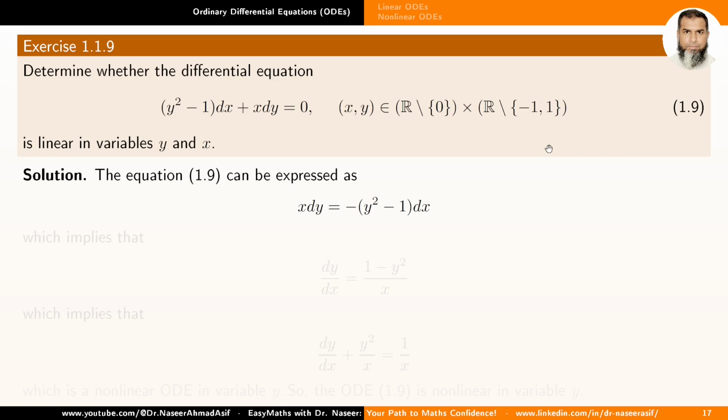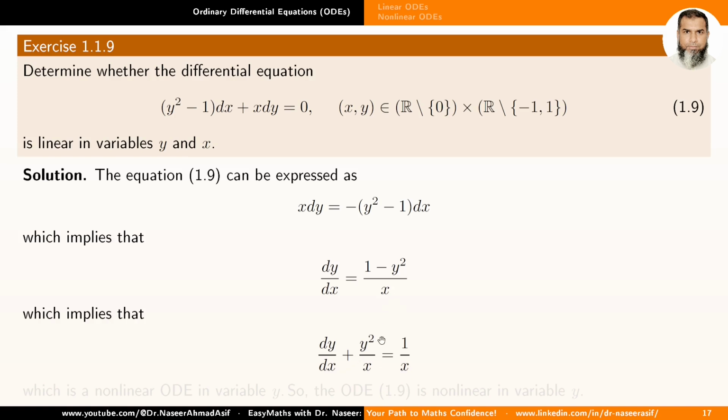The equation 1.9 can be expressed as x dy is equal to minus (y square minus 1) dx, which implies that dy by dx is equal to (1 minus y square) over x. This can be expressed as dy by dx plus y square over x is equal to 1 by x.